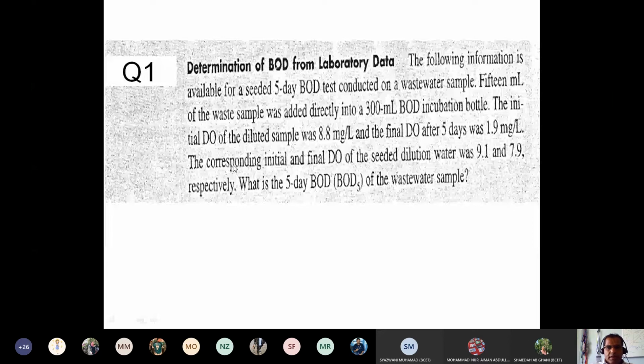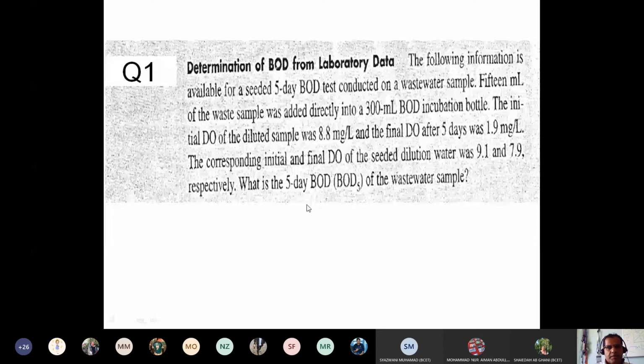And the corresponding initial and final dissolved oxygen of the seeded dilution water is 9.1 and 7.9 respectively. What is the 5-day biological oxygen demand of the wastewater sample? For 5 days we write BOD with subscript 5. It means that it is for 5 days. You see here how to determine the 5-day biological oxygen demand.